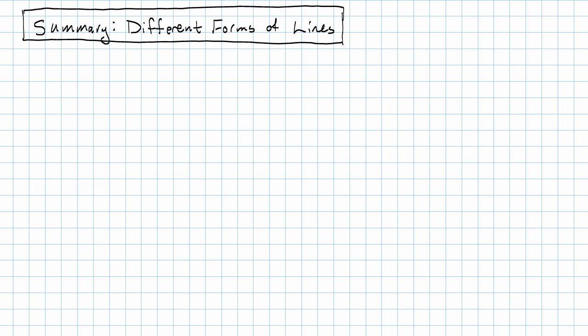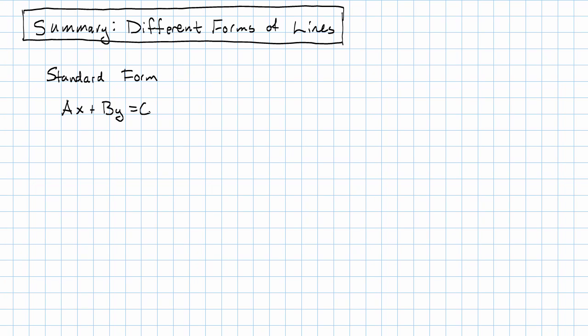We've now met three different forms in which we can write the equation of a line. Namely, we've met the standard form, which looks like ax plus by equals c.